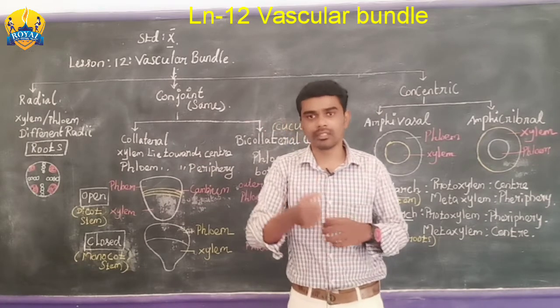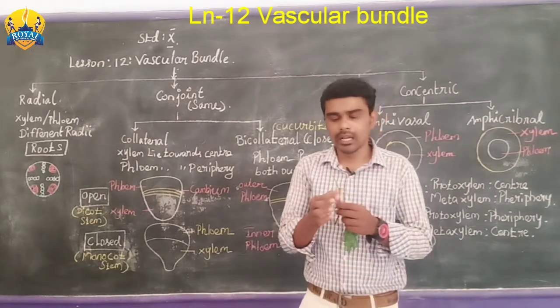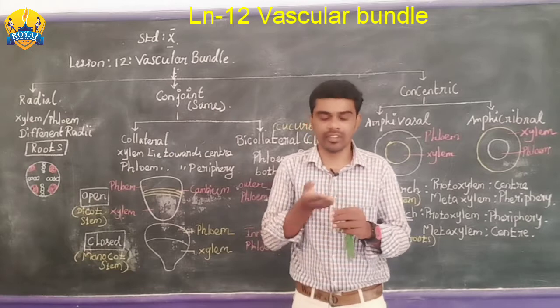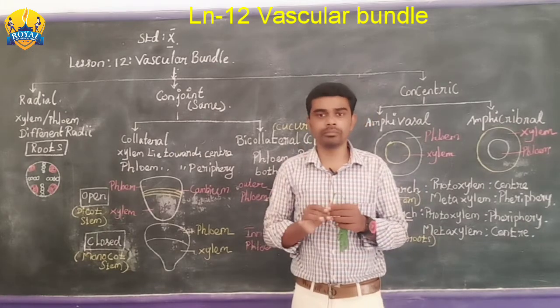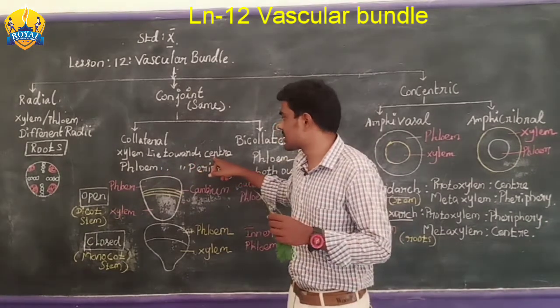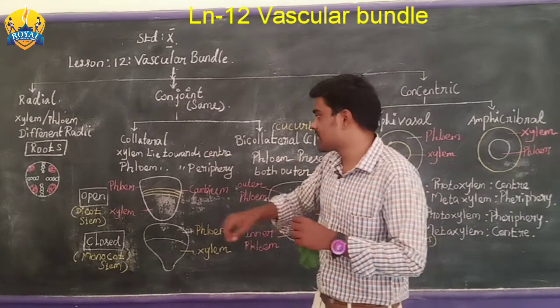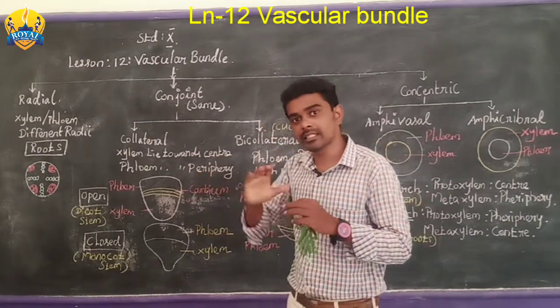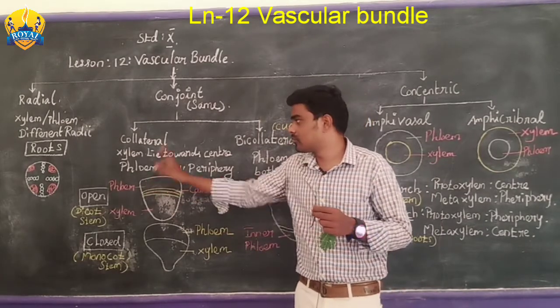For example, take a stem, which has an outer and an inner region. When we take a cross section of the stem, the xylem lies towards the center, and the periphery, the external portion, is occupied by the phloem.